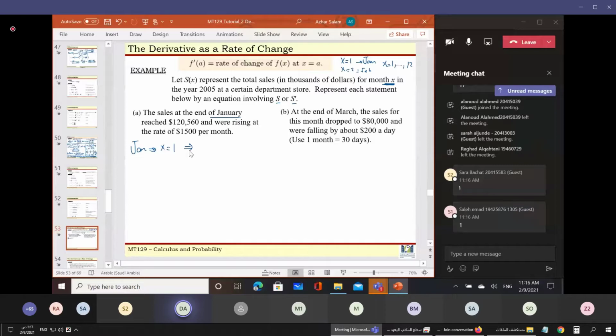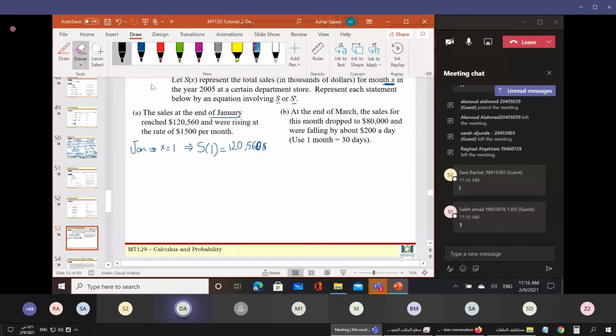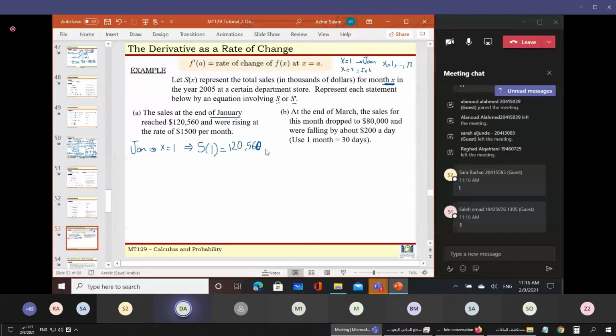So here, the sales at the month 1 is $120,560. Okay, this is the function that described this statement.